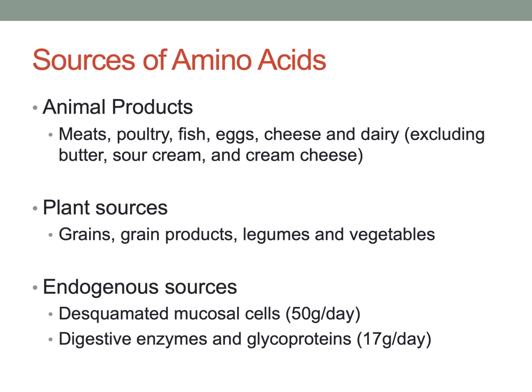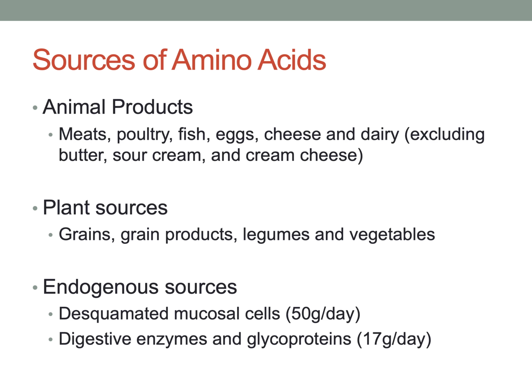Now, we do have plant sources of amino acids like grains and grain products, legumes, and vegetables. The thing about plant-based sources is that there are very few that contain adequate amounts of all 9 essential amino acids in one product.